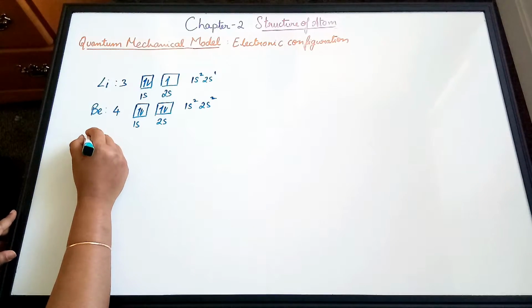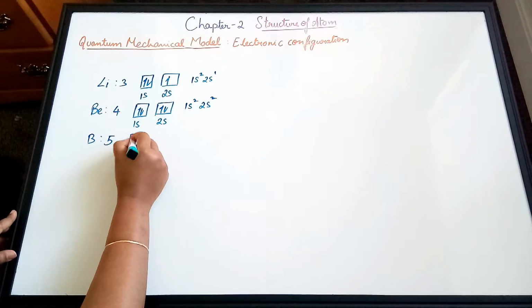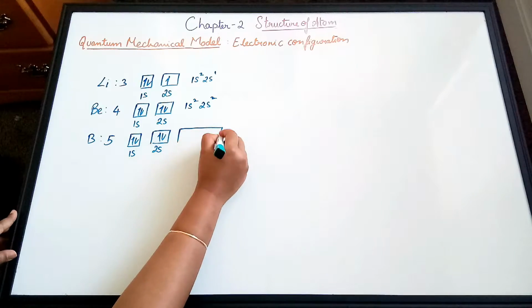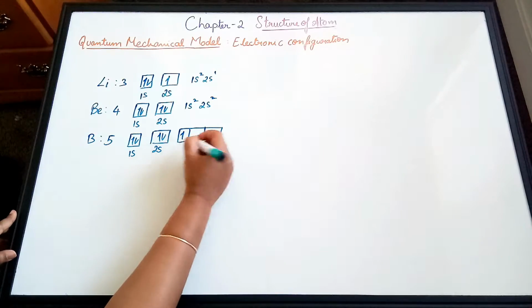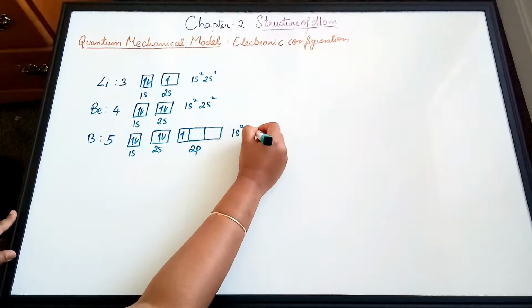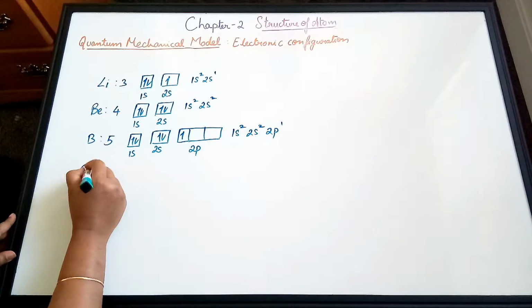Next, boron. Boron's atomic number is 5. So 1s is full, 2s is also full, and that is 4 electrons. So in the 2p orbital, you will have 1 electron: 1s2 2s2 2p1. Next, carbon.